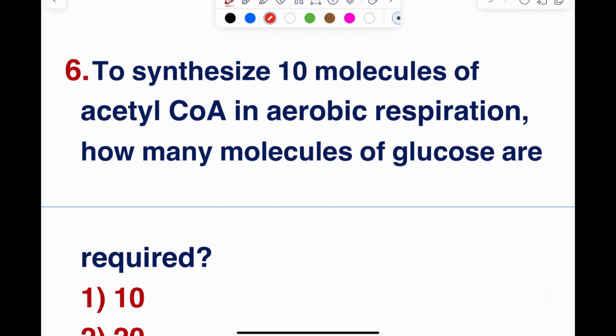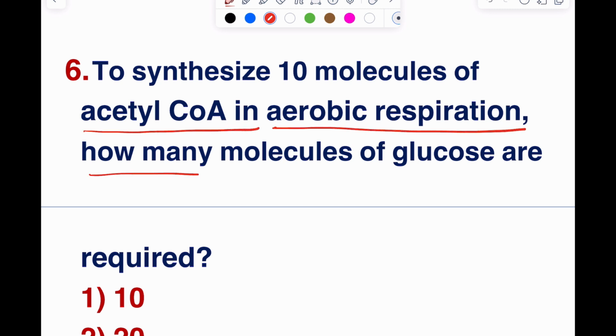To synthesize 10 molecules of acetyl coenzyme A in aerobic respiration, how many molecules of glucose are required?